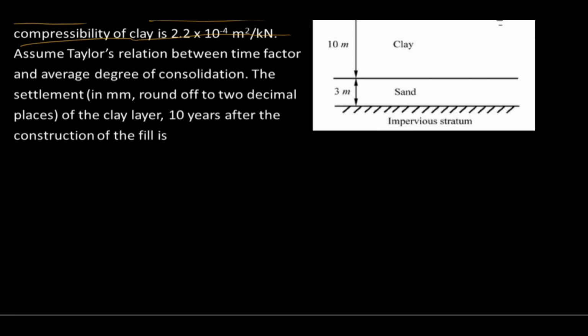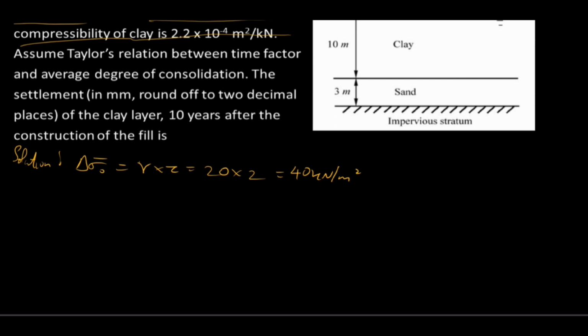So first we'll find out the change in effective stress due to the placement of sand. Change in effective stress due to the placement of sand will be equal to gamma into Z, which is nothing but gamma, 20 kilonewton per meter cube, into Z, 2, that is 40 kilonewton per meter square.